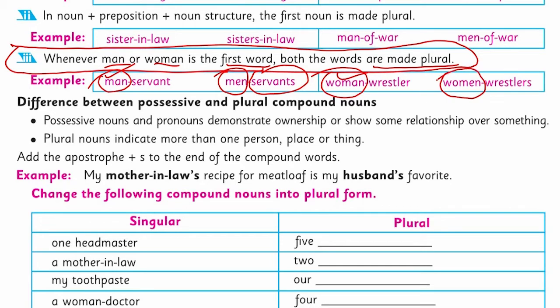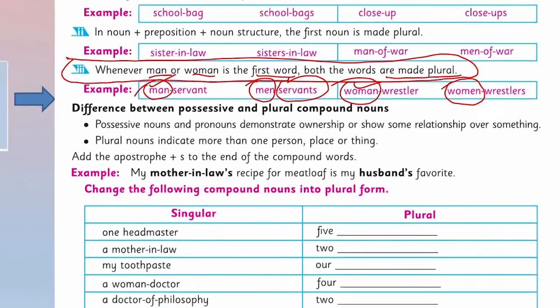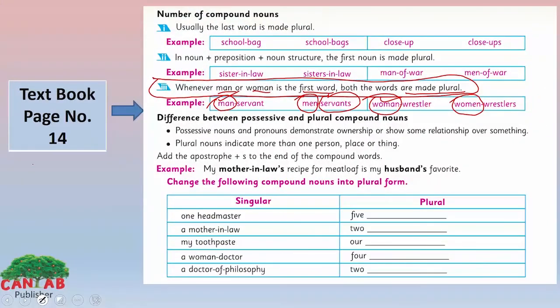But this is the case only for man and woman. There are other ways too, but here we will only discuss the formation with man and woman in plural compound nouns.